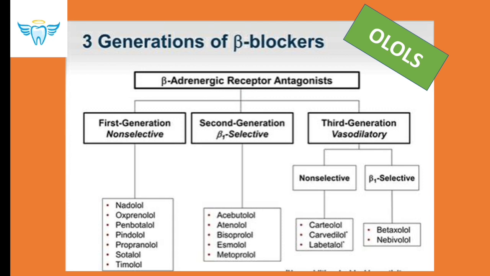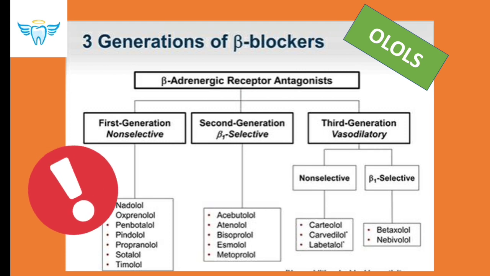Second generation act exclusively on beta 1 receptors. They have no effect on beta 2 receptors. And third generation are beta 1 selective and non-selective. We are going to study all these three generations and their drugs, mnemonics, everything in detail, okay?